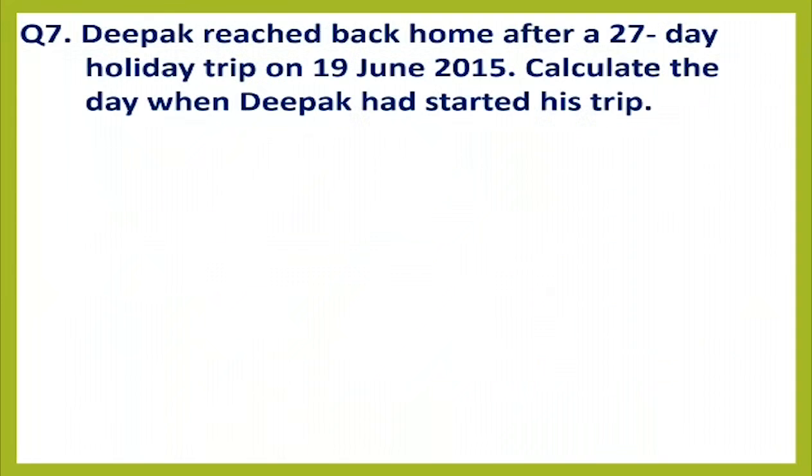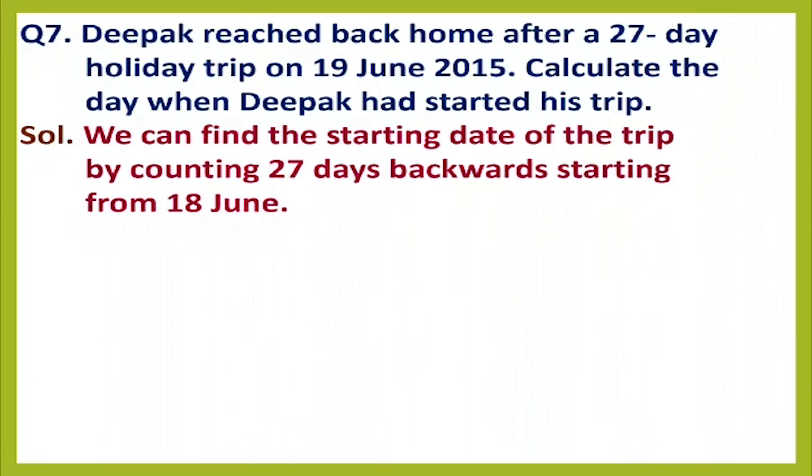Now the next question is question number 7. Deepak reached back home after a 27-day holiday trip on 19 June 2015. Calculate the day when Deepak had started his trip. So we have to calculate the starting day of the trip. The finishing day of the trip is 19 June 2015.